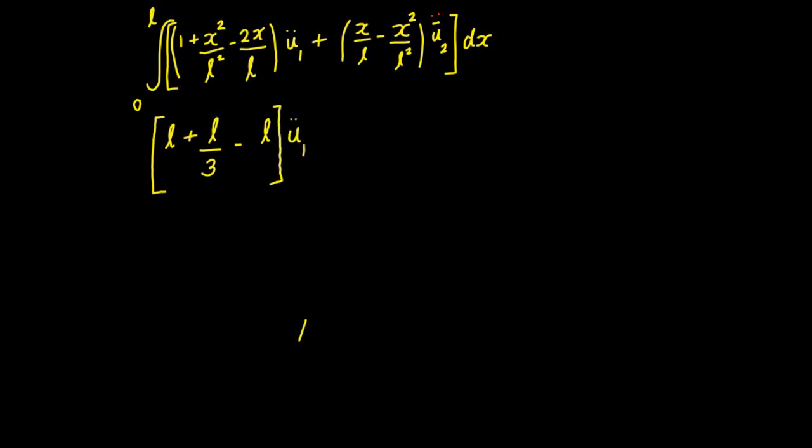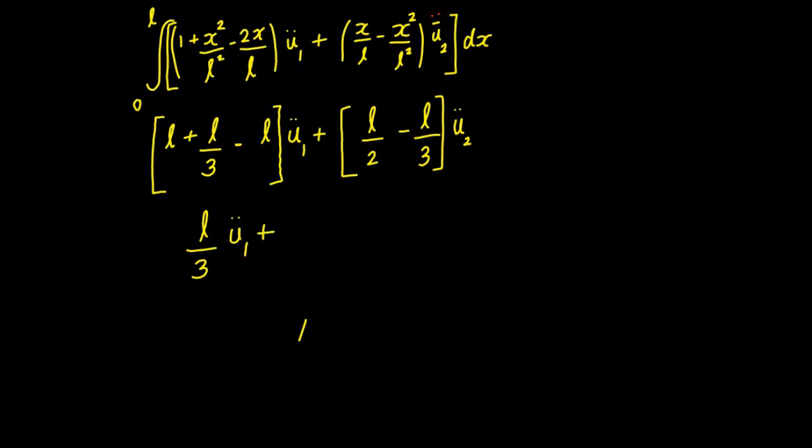Plus, if I integrate and substitute the limits, I get L over 2 minus L over 3, into u2 double dot. The next step is L by 3 into u1 double dot plus, if I take the LCM, L by 6 into u2 double dot.